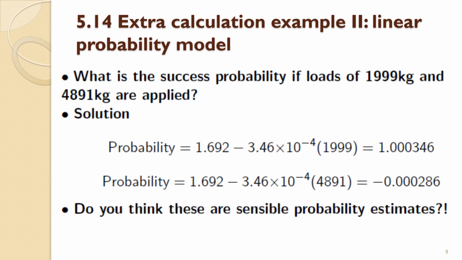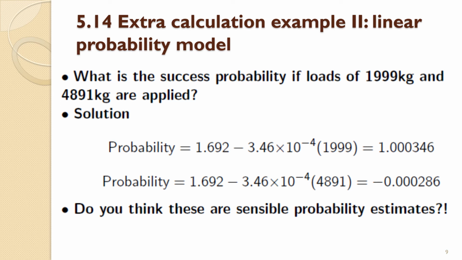Now the question here is, do you think these are sensible probability estimates? Well, hopefully we can agree from high school maths that all probabilities have to lie between 0 and 1. So what I've managed to do here is find two numbers that break this simple model.